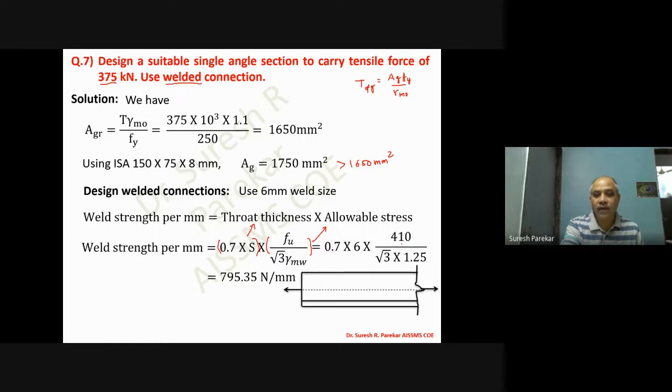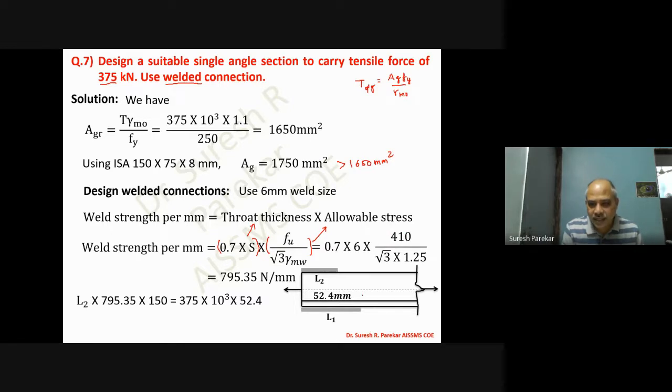So now we have to design the length. We are going to provide L1 on this side and L2 on this side. Then if we see the centroid of this angle section, this distance is 52.4. You can see this mentioned over here.